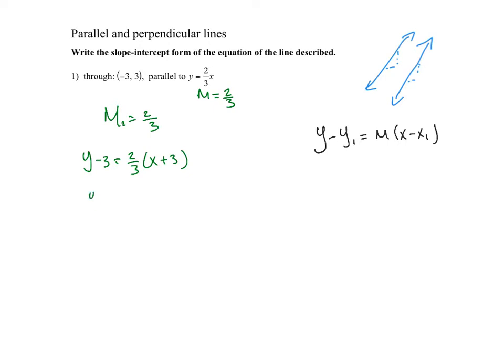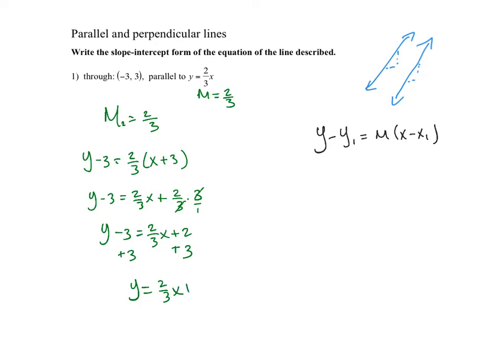So y minus 3 equals 2/3 x plus 2/3 times 3, which is 2/3 x plus 2. Remember that I cancel out those 3s here. And I'm going to add 3 on both sides. So my slope-intercept form here is y equals 2/3 x plus 5.